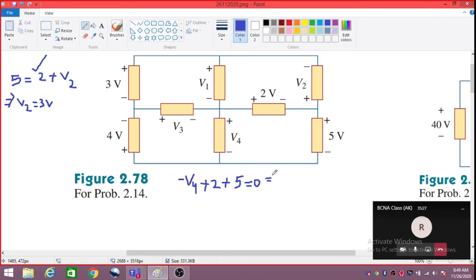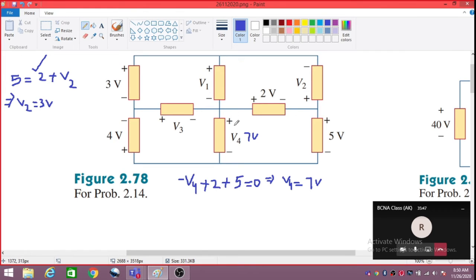So what does it mean? It means V4 is 7 volt. V4 is 7 volt. I hope you are making the circuits also.